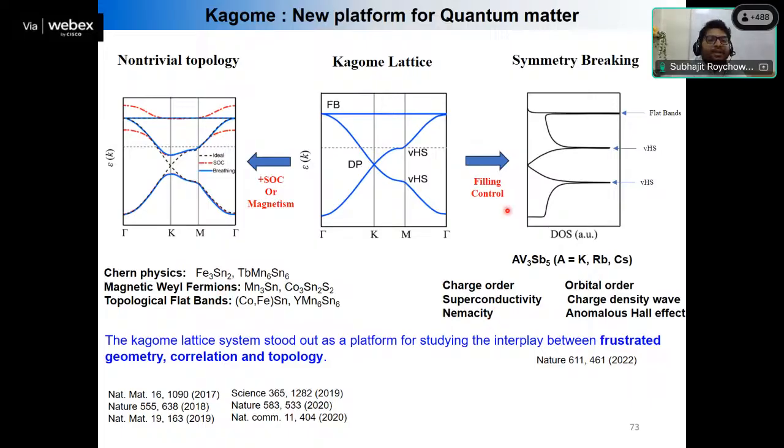Another aspect is that if we can move the Fermi level into either the band of singularity or the flat band, it will have a huge density of states. As a result, we can get superconductivity, nematicity, CDW, and anomalous Hall or Nernst effect. That's why we can say that the Kagome lattice can be an ideal platform to study frustrated geometry, correlation, and topology.